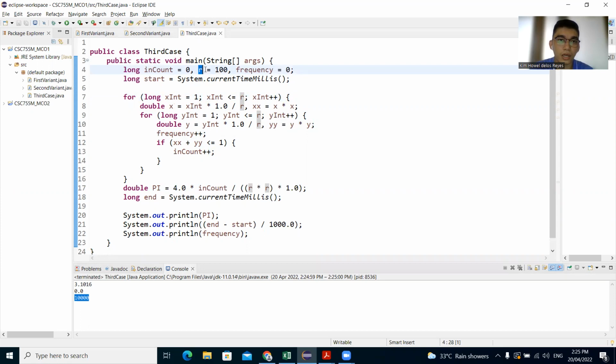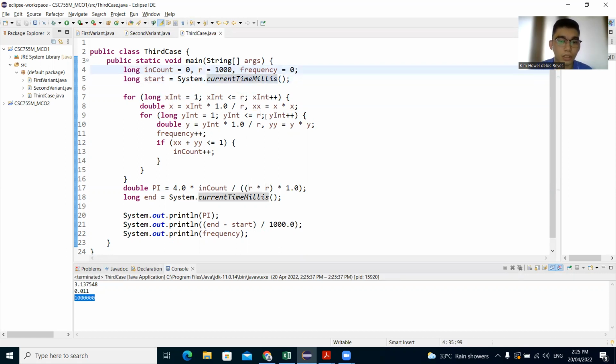Here, r is the input size, 100, and the frequency count is 10,000. Let's see if we increase r to 1,000: the computed value of pi is 3.137548, and the frequency count is the square of the input value, which is 1 million.